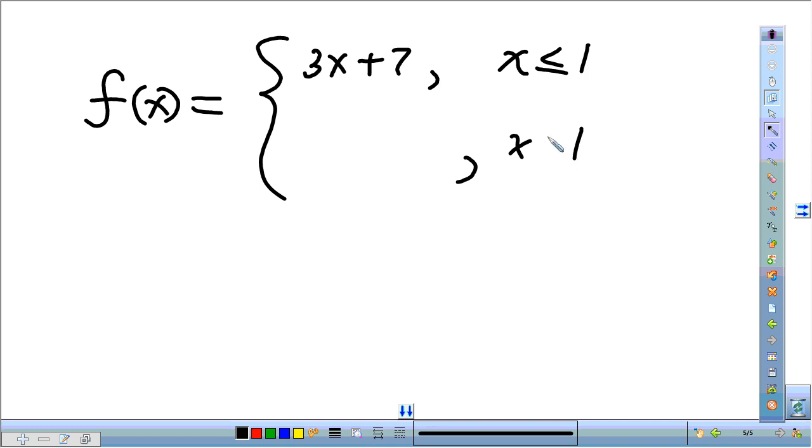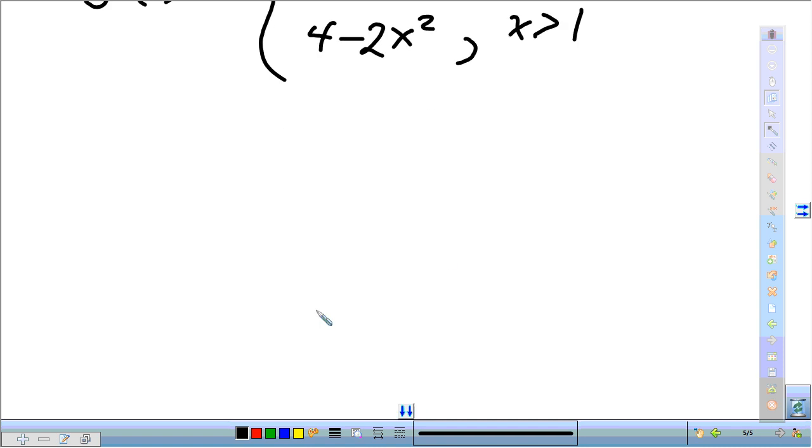Here we'll just have 2, so x less than or equal to 1, and then the rest of the x's greater than 1. Where now the new piece has a new definition. Each piece, 3x plus 7, 4 minus 2x squared, is a nice continuous function. It's the problem when we splice them together, what happens?